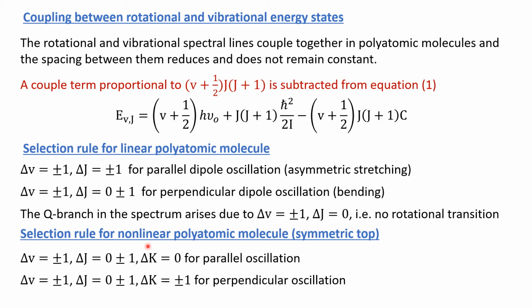Similarly, if we have the non-linear polyatomic molecule, of course the symmetric one, here we have the selection rule for the parallel oscillation, and here we have the selection rules for the perpendicular oscillation. And of course, the parallel oscillation is associated with the asymmetric stretching, and the perpendicular oscillation is associated with the bending.